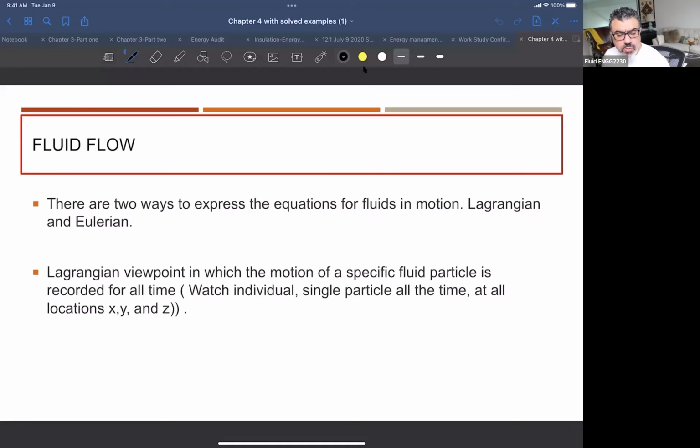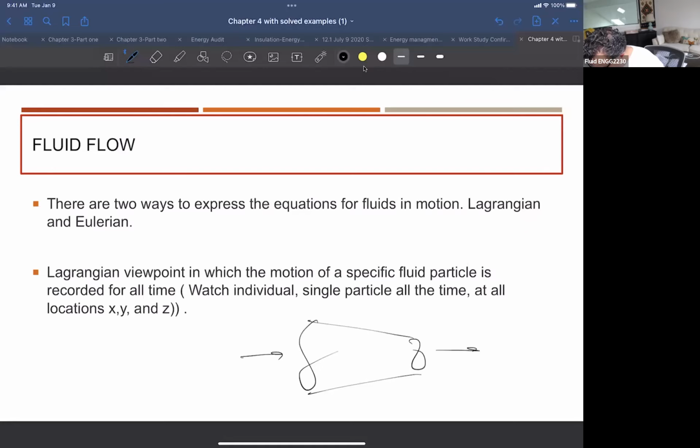The Eulerian approach is a control volume approach, but not the whole control volume of the system. It's just dividing the whole flow field into small little volumes, and then applying the conservation of mass, momentum, and energy for each control volume. So imagine you have a domain like this, and flow is coming in, flow is going out.